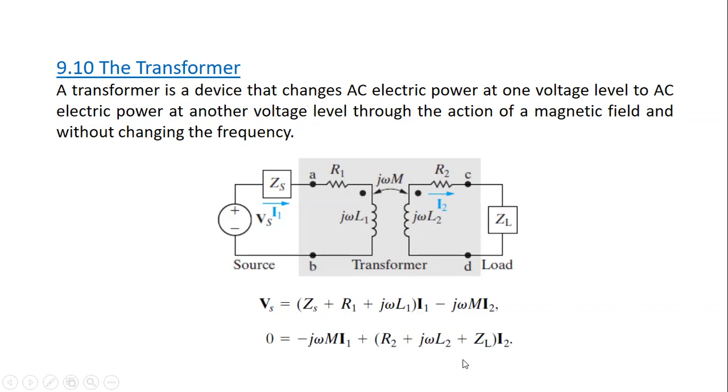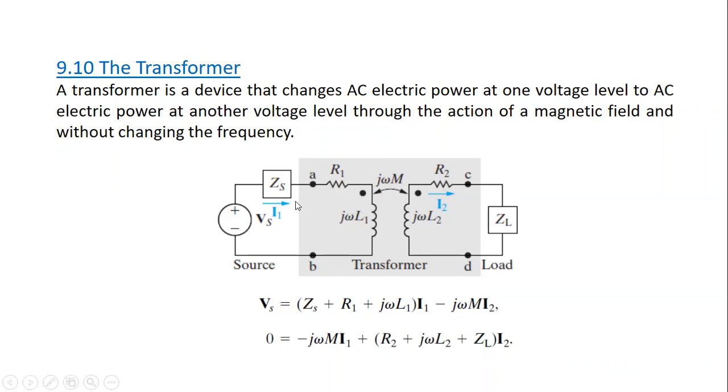And in the second loop, it will be J omega M multiplied by the first current in the second loop equation. And as you see here, we have a negative sign, a negative sign. Why is that? Because of the dot convention, if you still remember it from the magnetically coupled circuits when we solved them.